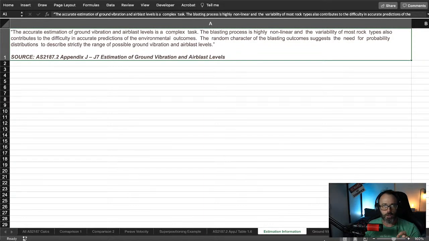Even if you're not in Australia and you're from another country, you can get a lot of information out of the Australian standard AS 2187, which is the explosives use standard for Australia.